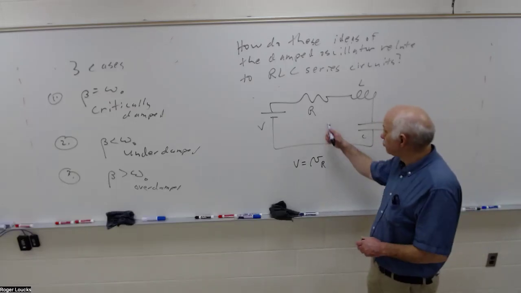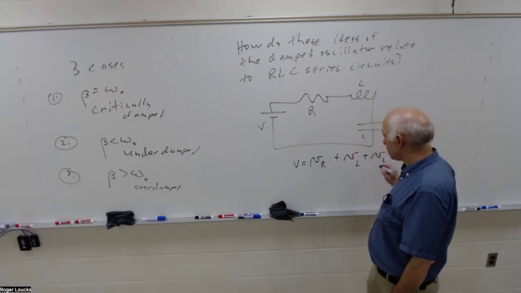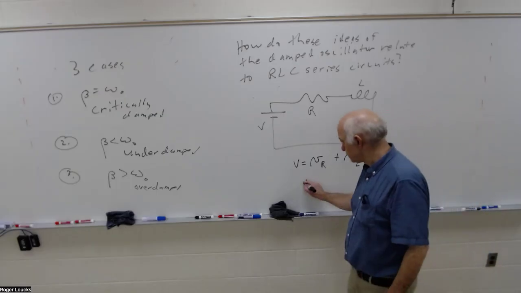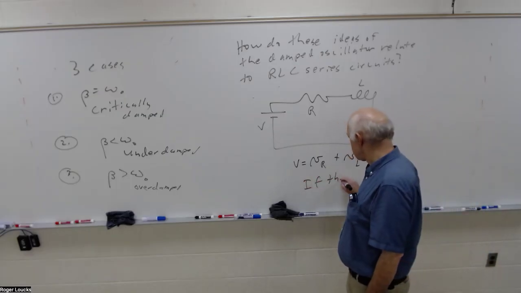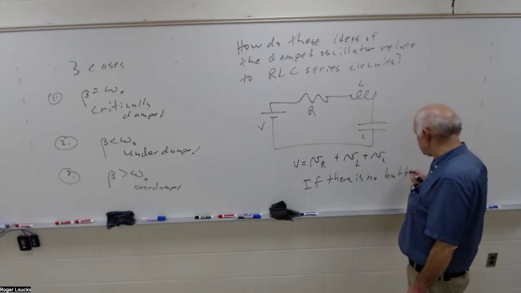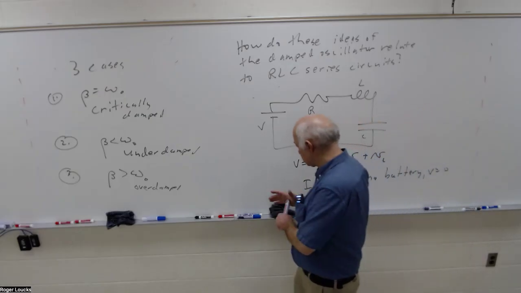You have the voltage across your resistor, plus the voltage across your inductor, plus the voltage across your capacitor. And if there is no battery, V equals 0, and I would just be left with this in here.